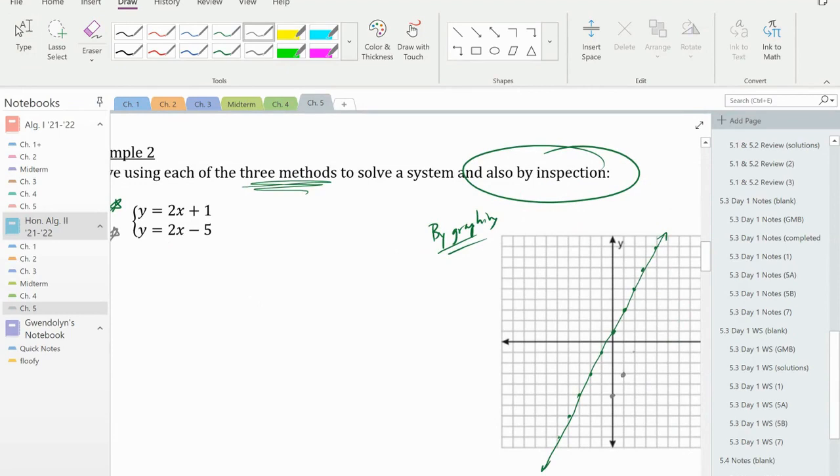Rise 2, run 2. You can hunt for that intersection all day. You're never going to find it because those 2 lines have the same slope but different y-intercepts, which makes them parallel. So there is no solution.